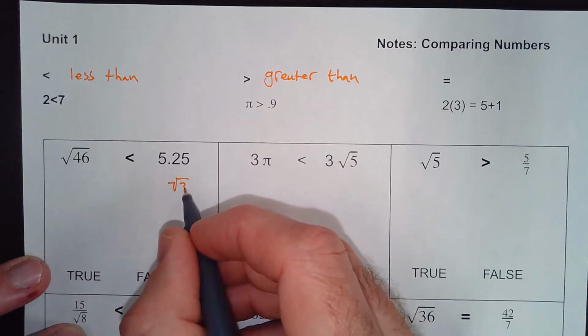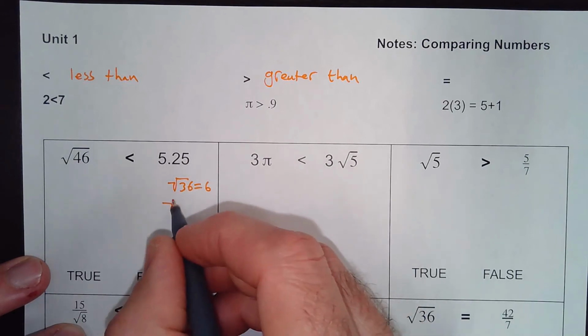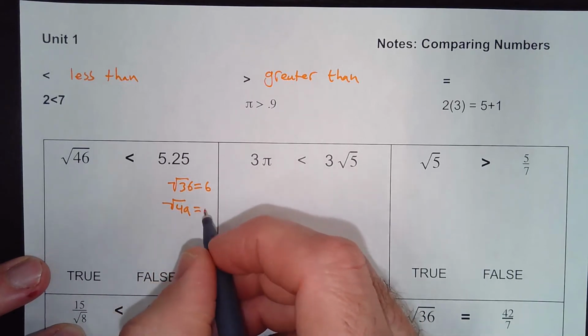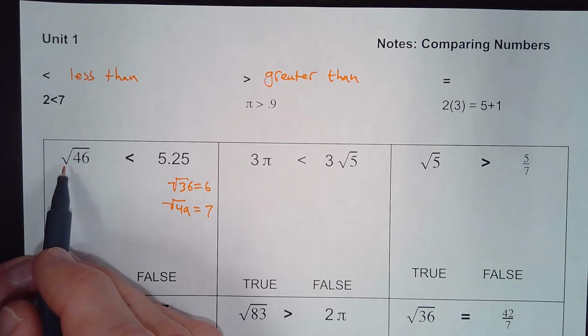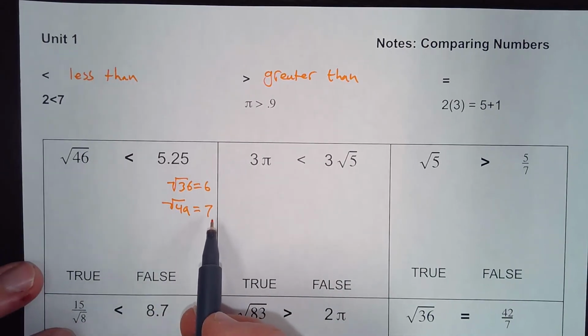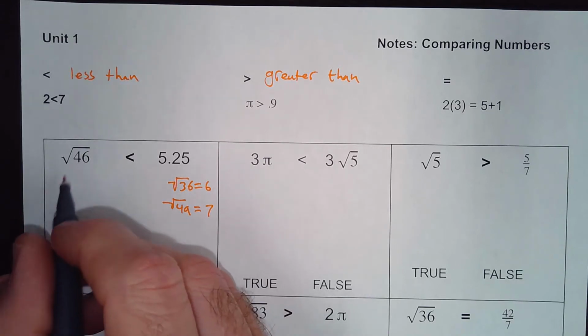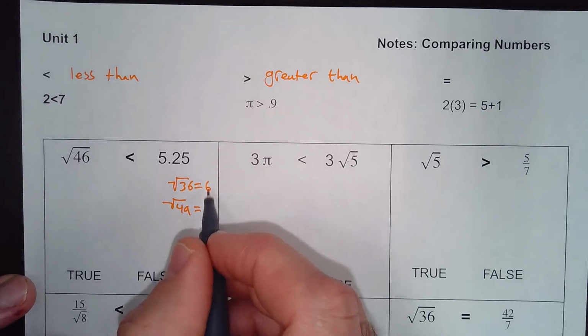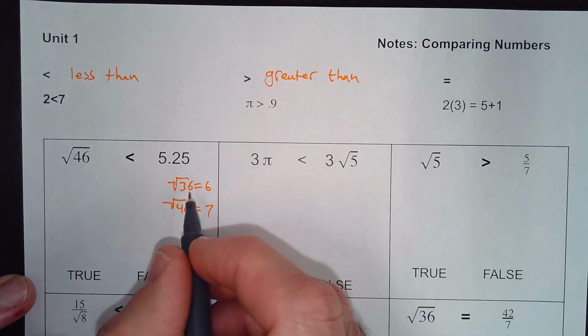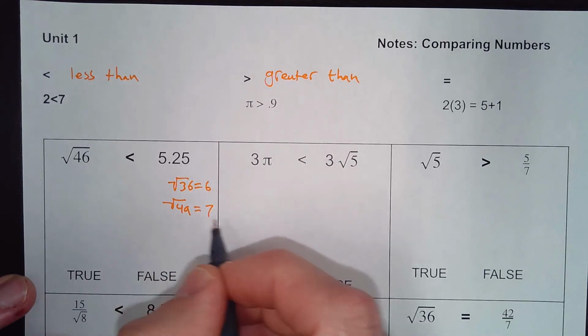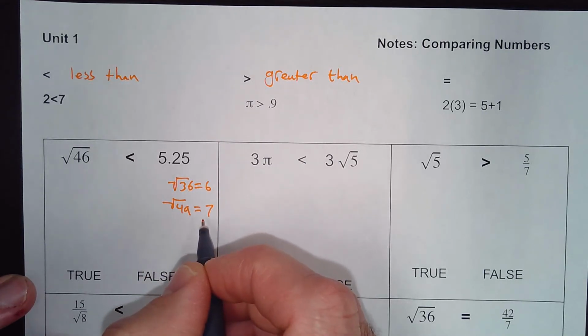The square root of 36 is equal to 6. The square root of 49 is equal to 7. So this falls between 6 and 7. So the square root of 46 is between square root of 36 and 49, and I would say it's closest to 7.